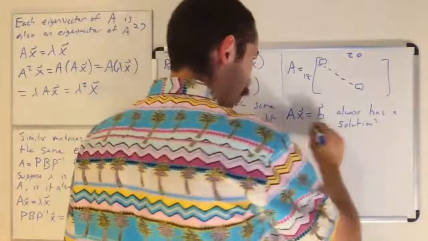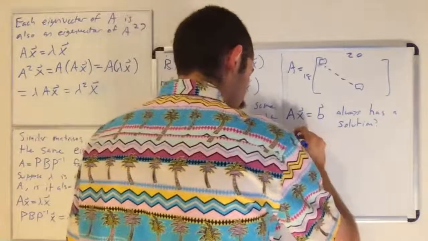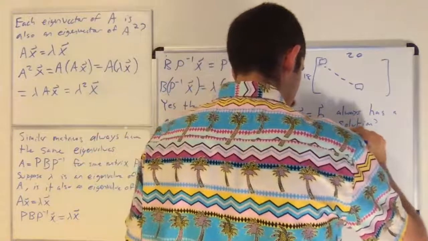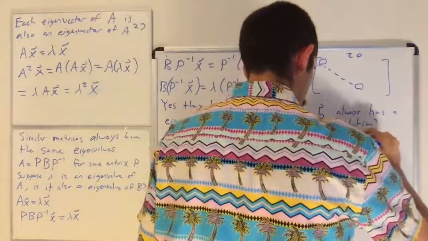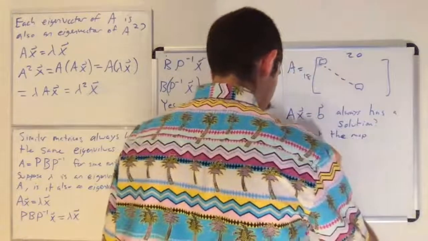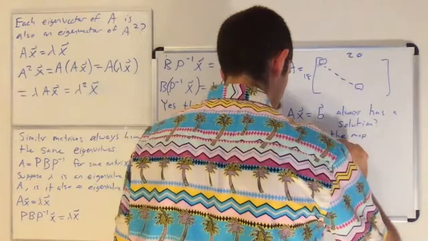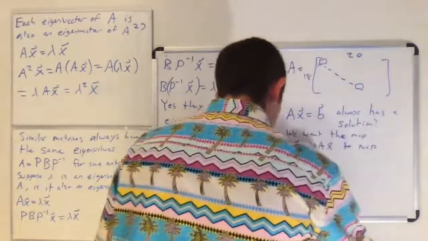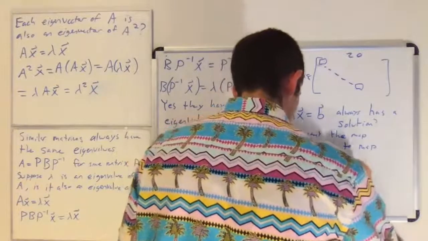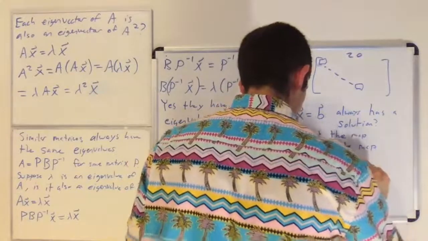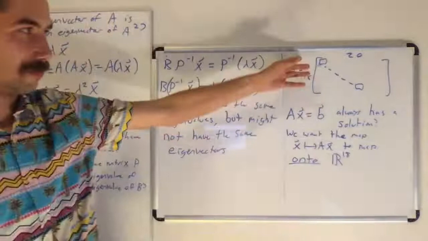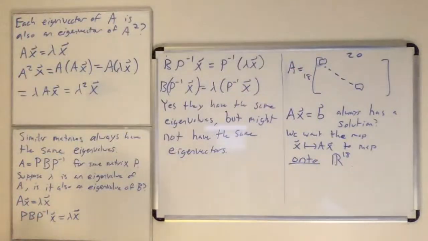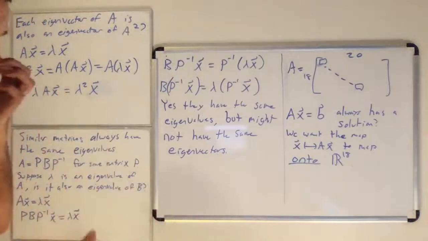Another way to write this is we want the map that sends X to AX to map onto R18. 18 comes from the number of rows here. So basically what this is saying is we need a pivot in every row.